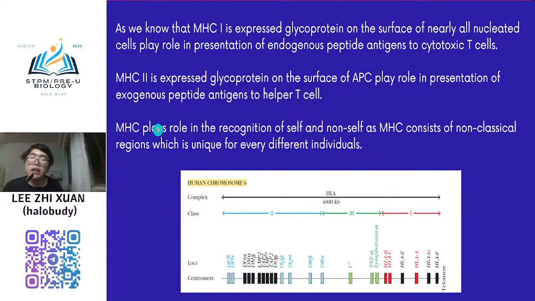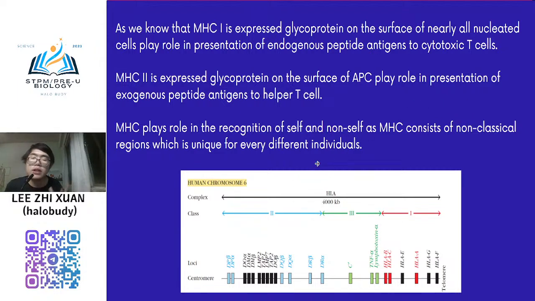In general, in our body system, our immune cells will not attack the normal cells that contain MHC class 1. Every individual contains MHC class 1, but the genetic sequences are totally different, because of the non-classical region, which is totally different.